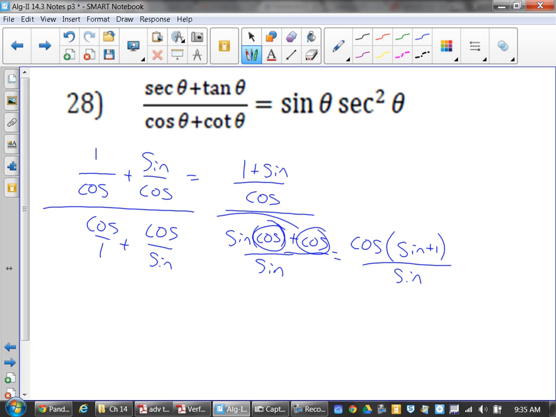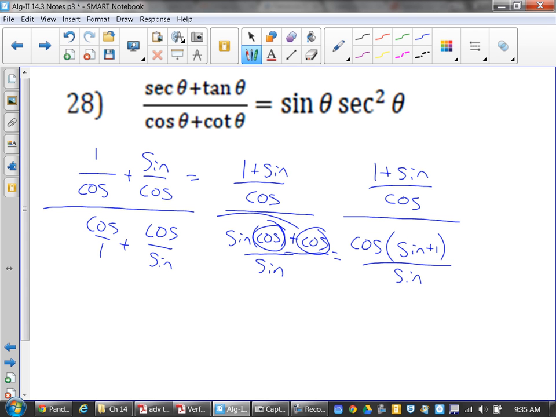Okay? So now I have this disgusting looking complex fraction. I have 1 plus sine over cosine divided by cosine times the quantity sine plus 1 over sine. So I'm going to rewrite that horizontally before I flip anything. Remember, it's top divided by bottom.